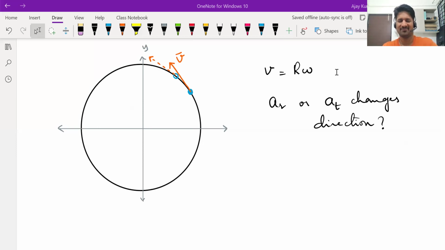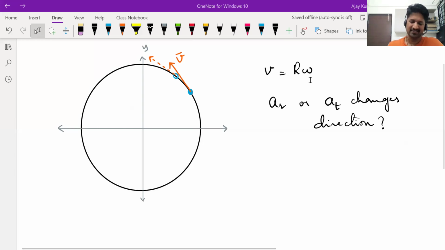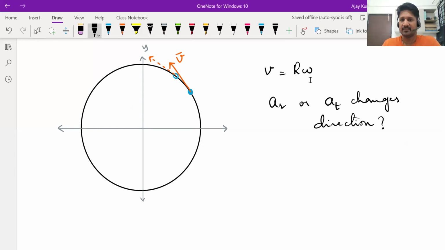The radial. We have discussed this many times. You have to keep these points in mind. Tangential acceleration is parallel to velocity and changes speed. Radial acceleration is perpendicular to velocity and changes direction. Now in uniform circular motion, the object must undergo change in direction, not change in speed. So the answer is radial acceleration.